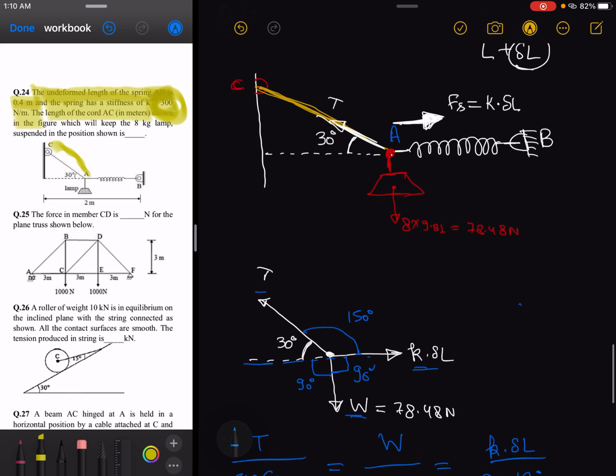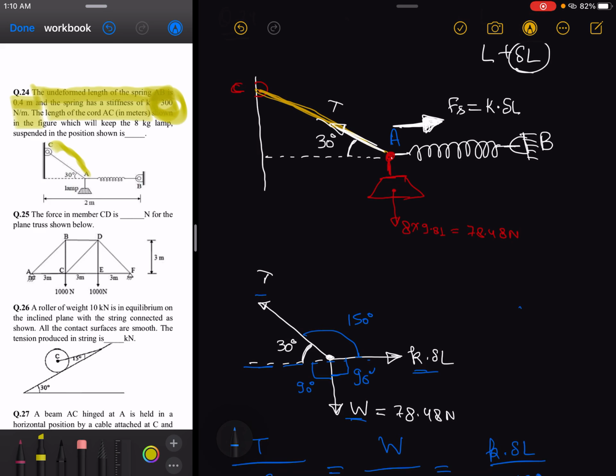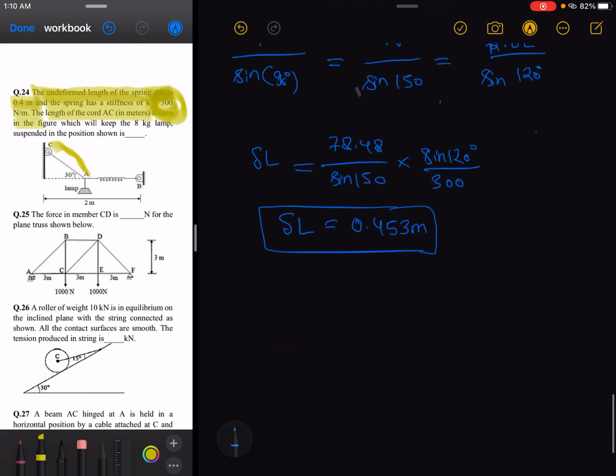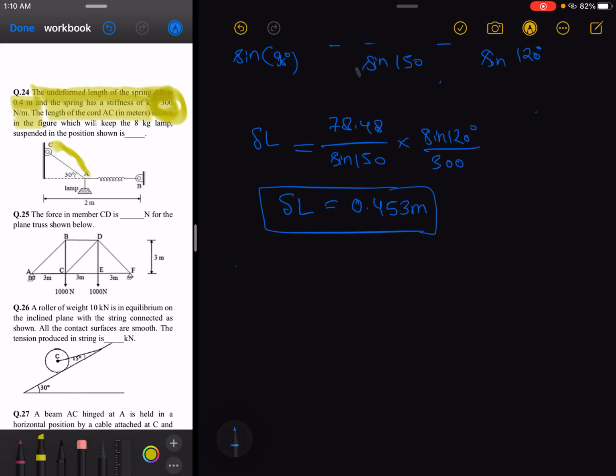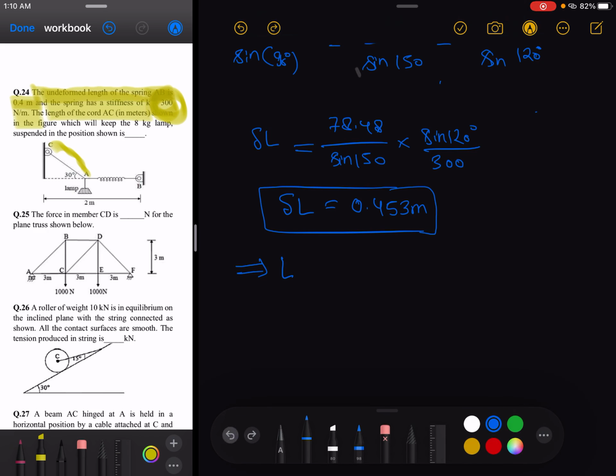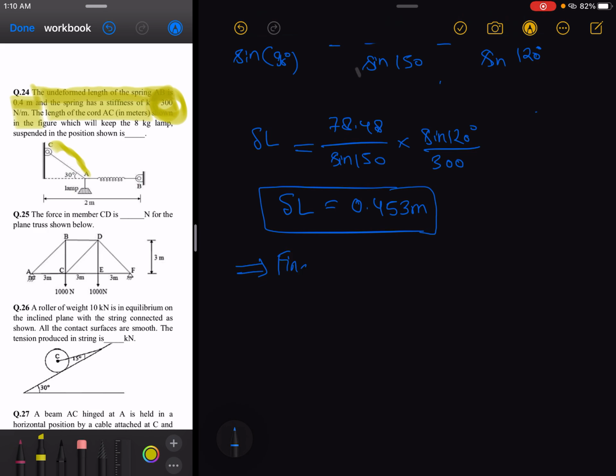Now, this is the elongation produced in the spring. This means that the final length of the spring is nothing but L plus delta L. The natural length of the spring in the question is mentioned as 0.4 meter, and delta L is 0.453 meter.